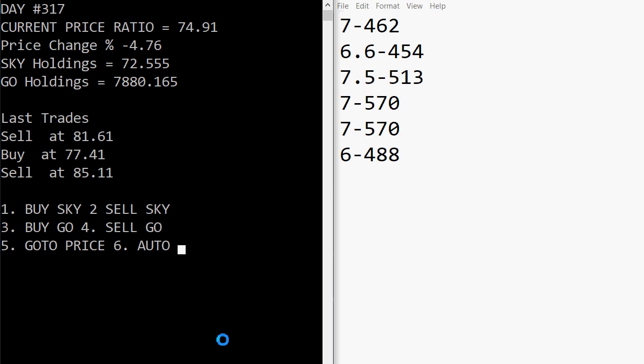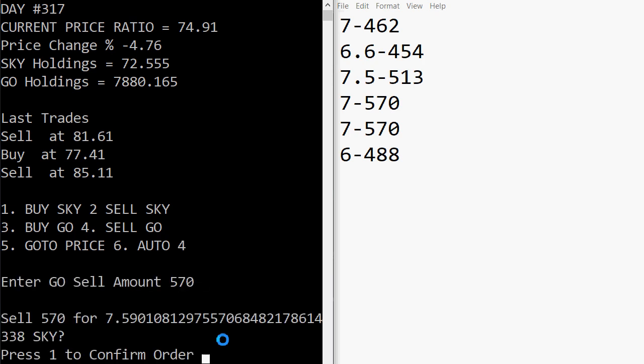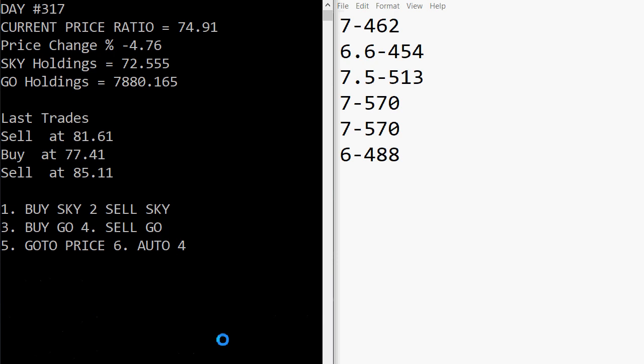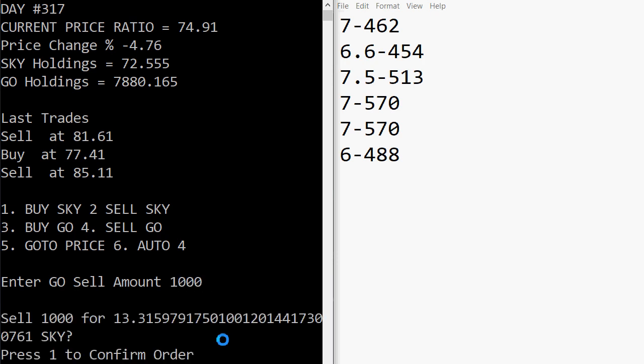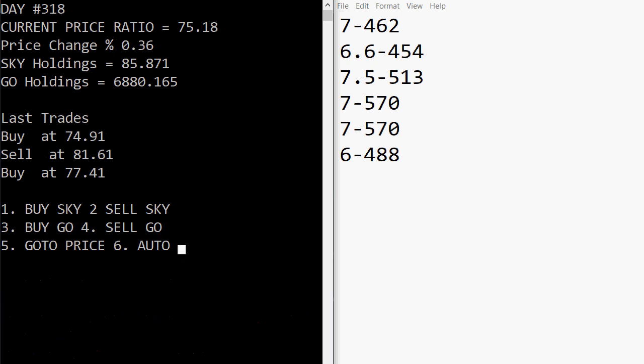It looks like it's down about 8% overall from the play. Just to see that 570, I'm going to take two of them back. Yeah, so 488 plus 570, that's a little over 1,000. So if I sell 1,000, I'll get a gain of 0.3 and a gain on the other side as well.